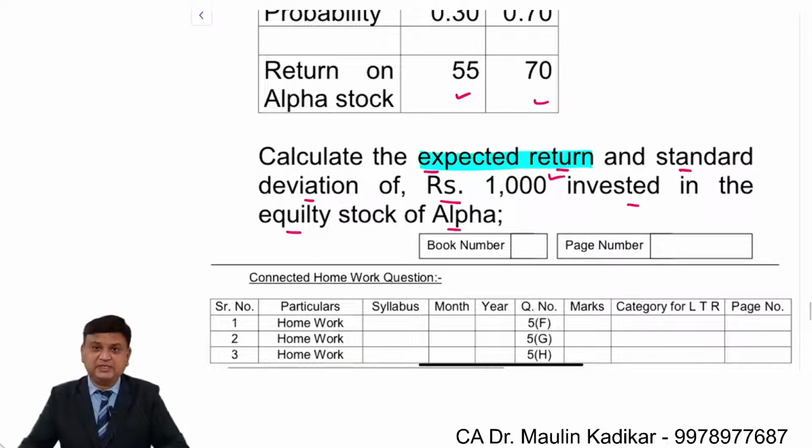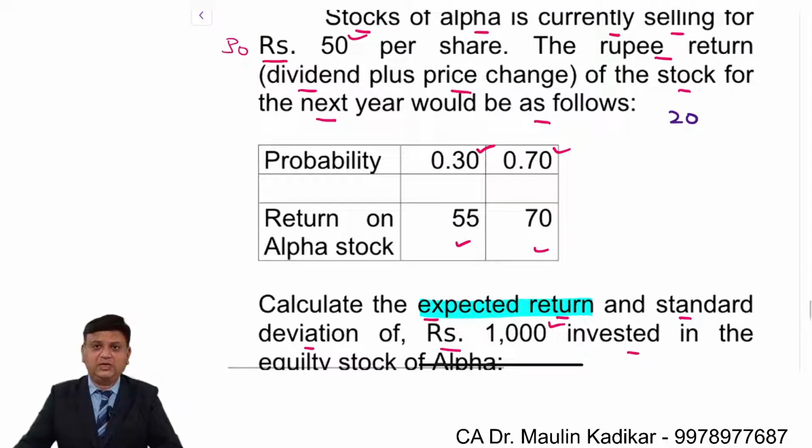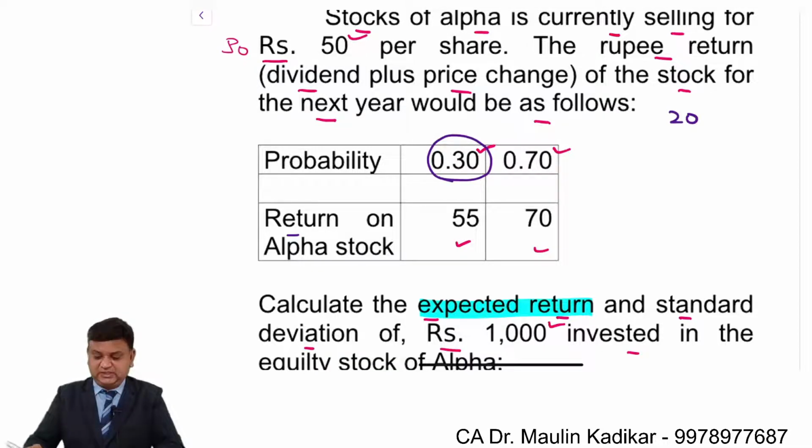See, 1000 rupees is the investment divided by P0, 50. So that comes to 20 equity shares. First of all, you can prepare a small working note that the investment is made in 20 equity shares. There are 30% chances that the return will be 55 rupees.